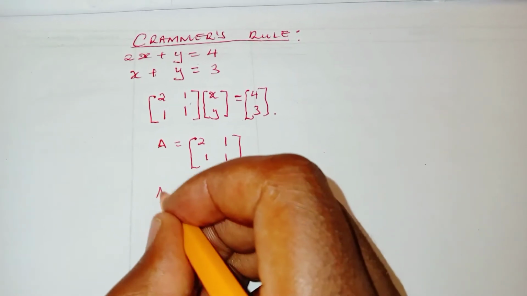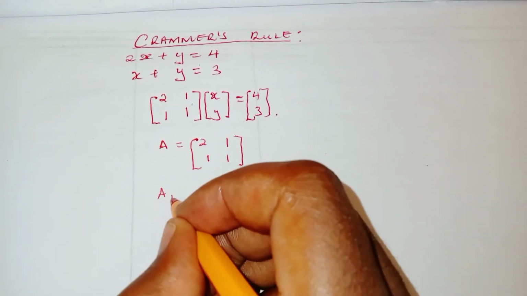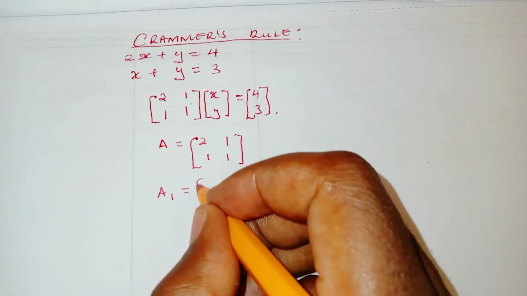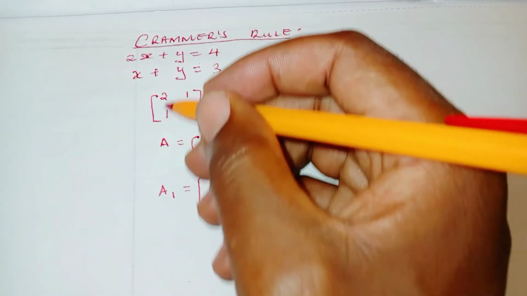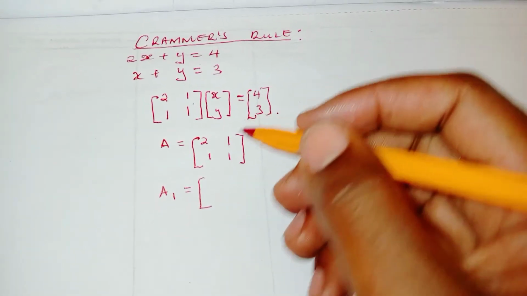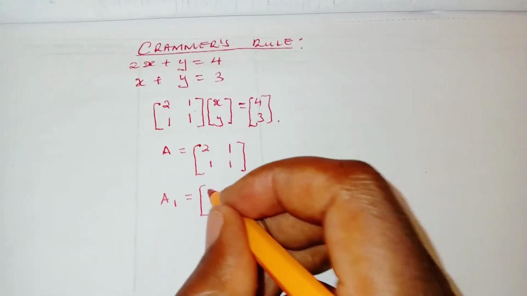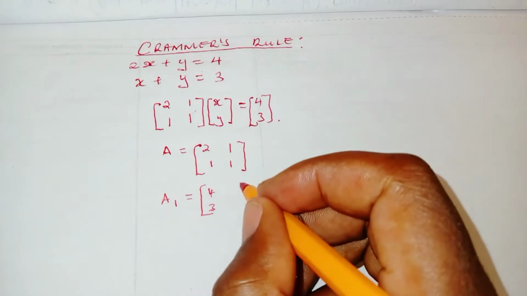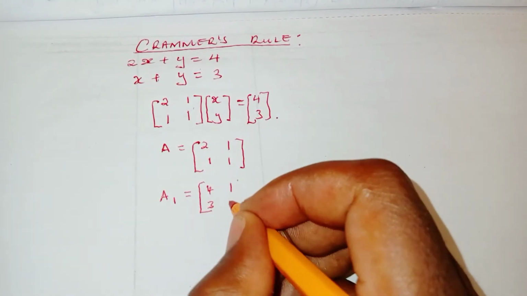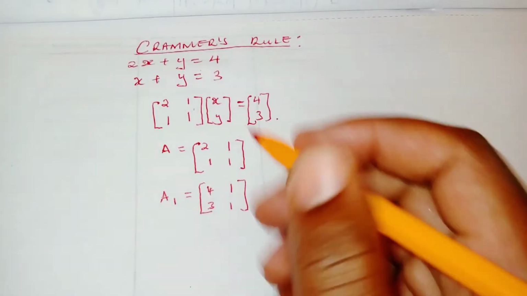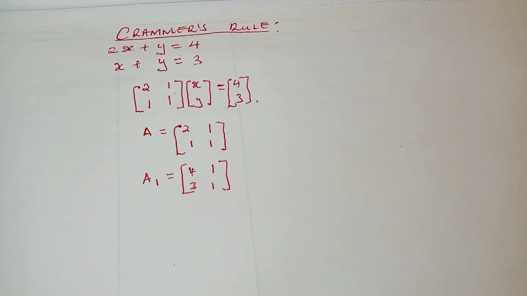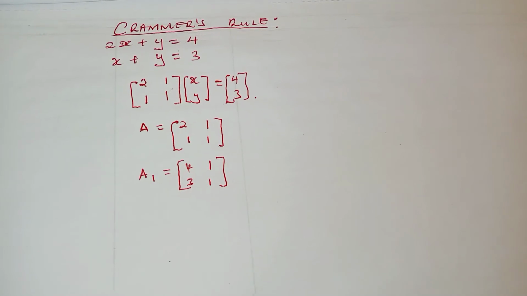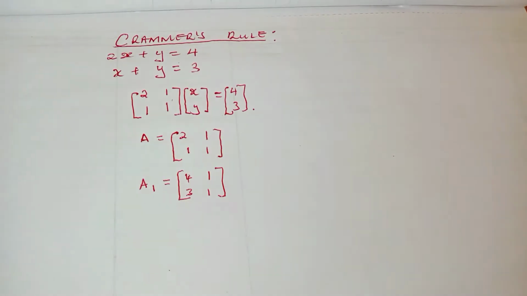Then I will have another matrix we call A sub 1, which is a matrix formed when we remove the first column and replace it with 4, 3. So we have 4, 3, then 1, 1. What I've just done is remove the elements in the first column and replace them with what I have on the right hand side.